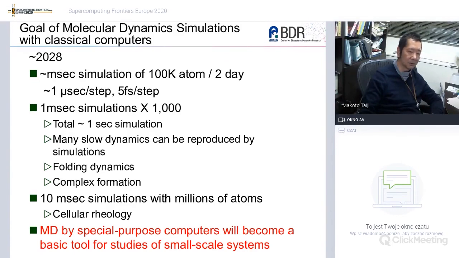So we can solve many questions by computers. And we can also achieve 10 millisecond simulations with millions of atoms to study cellular rheology. Molecular dynamics will become a basic tool for studies of small scale systems using special purpose approaches.